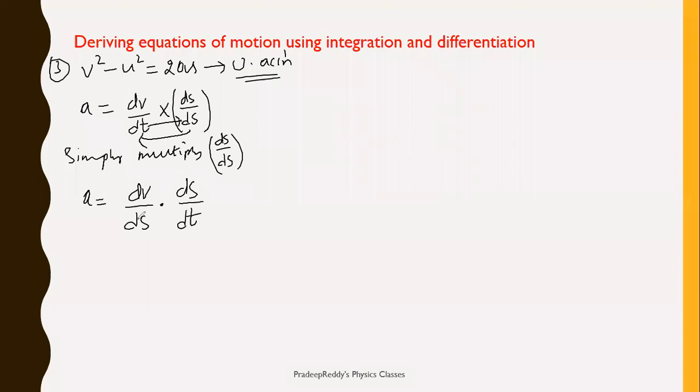So it is dv by ds into ds by dt. Let me take this as equation 1. But what is ds by dt? ds by dt is v. I'll just substitute that v over here. a is equal to dv by ds into v. Take this as equation number 2.